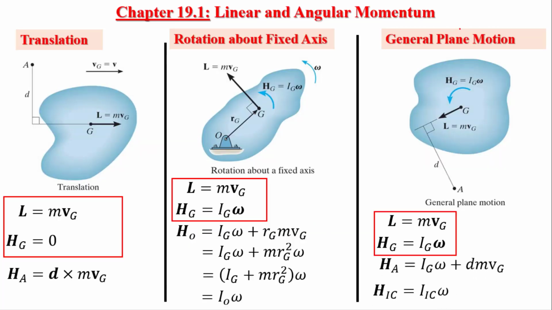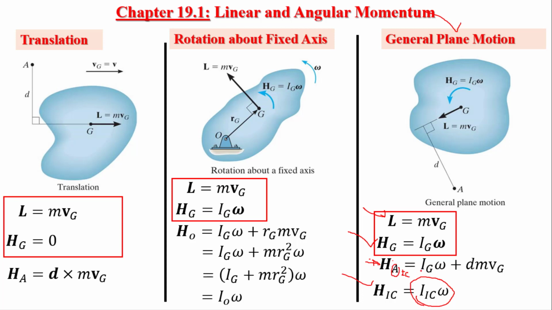Okay. Refer back to this slide. So here is the general plane motion. This is the equation for linear momentum. This is the equation for the angular momentum about the centroid. If we have IC, then this is the equation for IC, and here is the derivation. So I can substitute inside this equation, and instead of A, I can write IC.